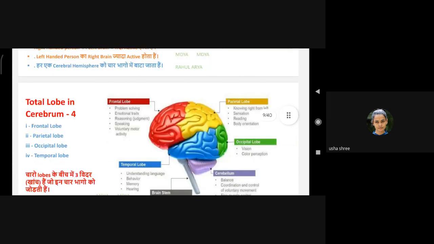Now, there are different lobes of the brain, and these lobes are named after the skull. I hope you all remember the bones of the skull, right? How many bones are there in the skull? 8. Now name those bones. Frontal bone, temporal, occipital, parietal.